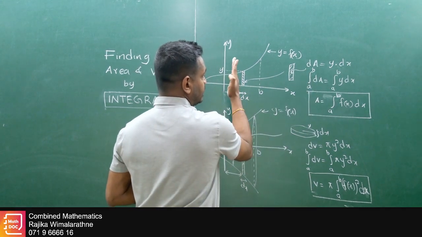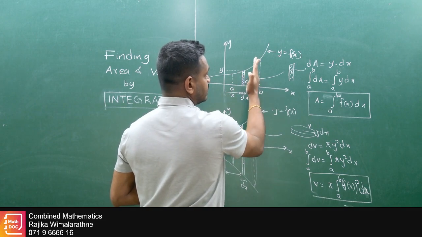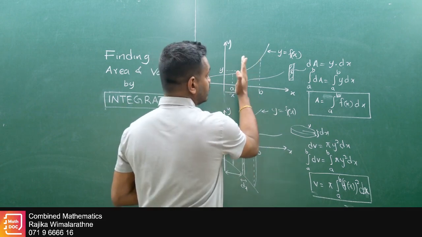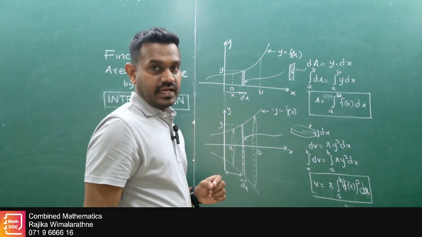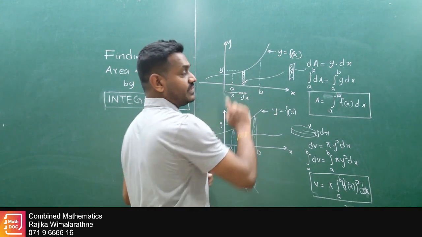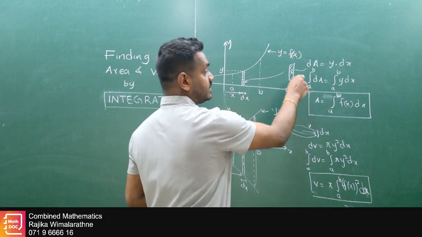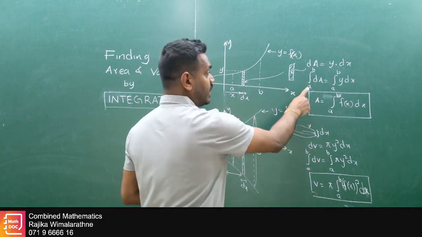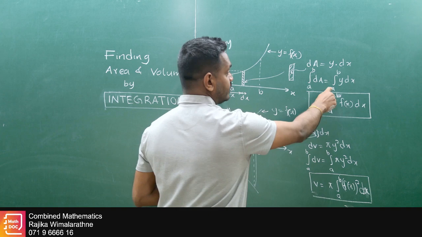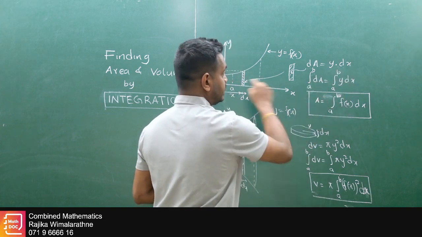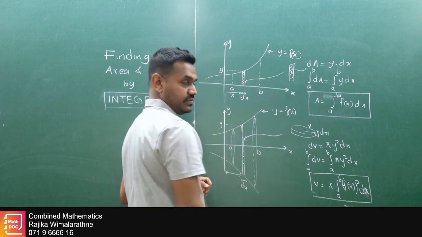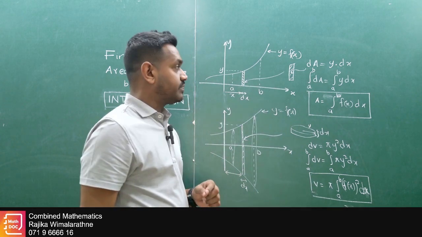So if you add such objects from here to here, A to B, you can get the full bounded area. That addition we call integration, definite integral. So the integral from A to B of dA, we call the integral from A to B of y dx. That is equal to the area bounded by this curve.